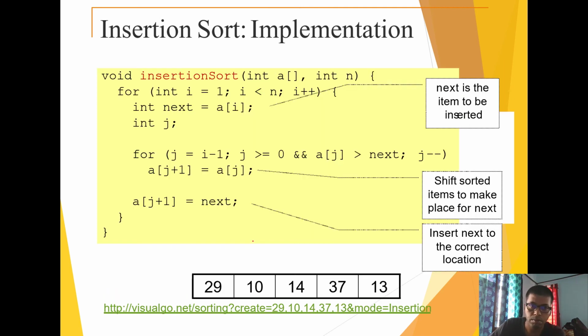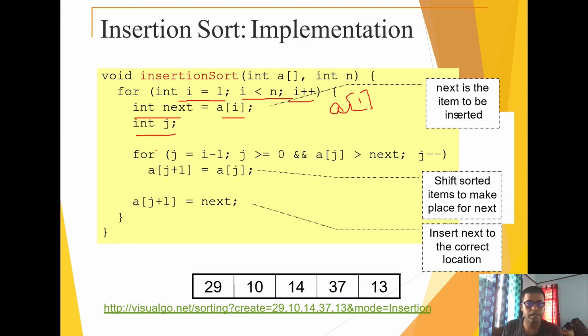Now we come to the implementation. void insertionSort(int a[], int n), as usual. Here it starts from i equals 1 up to n from the left, i plus plus. int next equals a[i]; initially the next value is a[1].